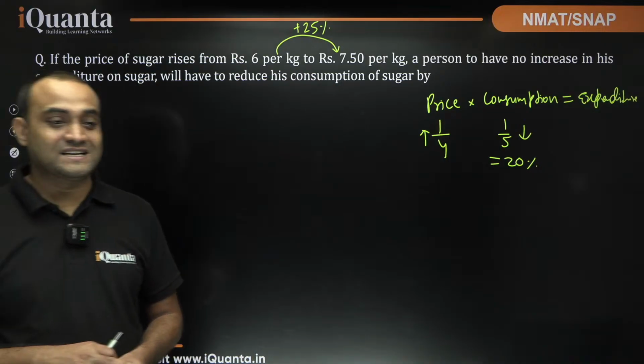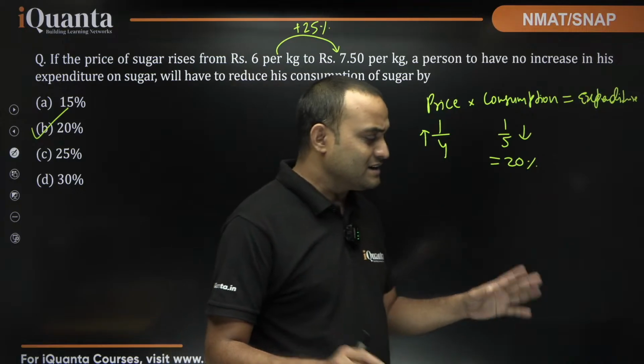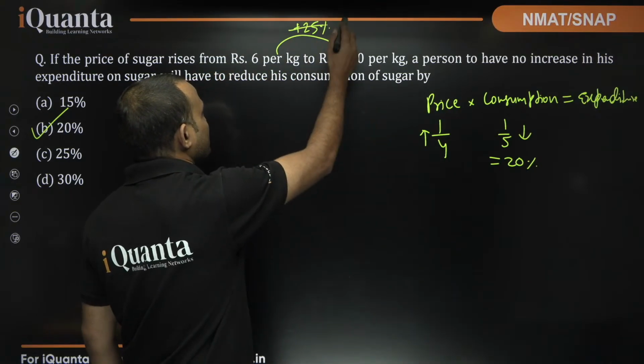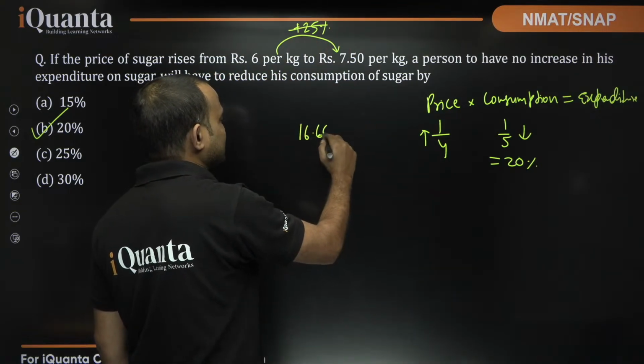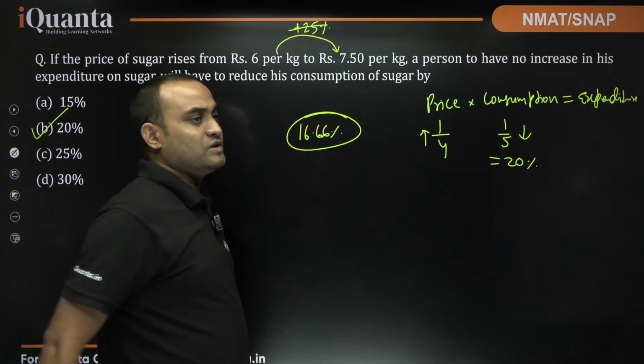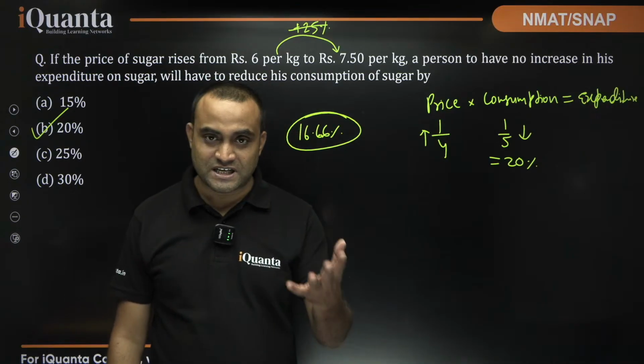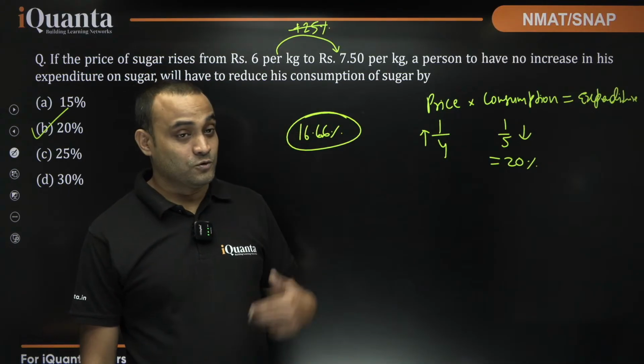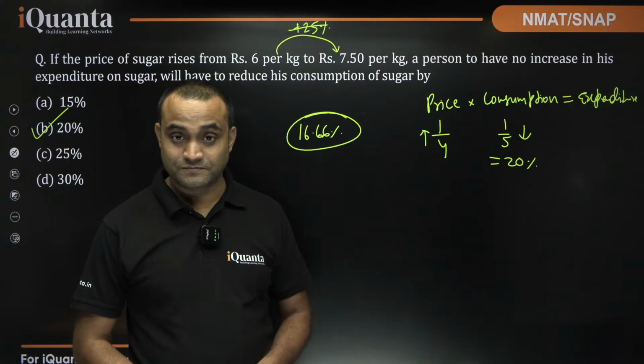So can you answer this quickly without doing anything? Instead of this 25%, if it was 16.66%, if the value is increased by 16.66%, then by what value should it be decreased? Batao.